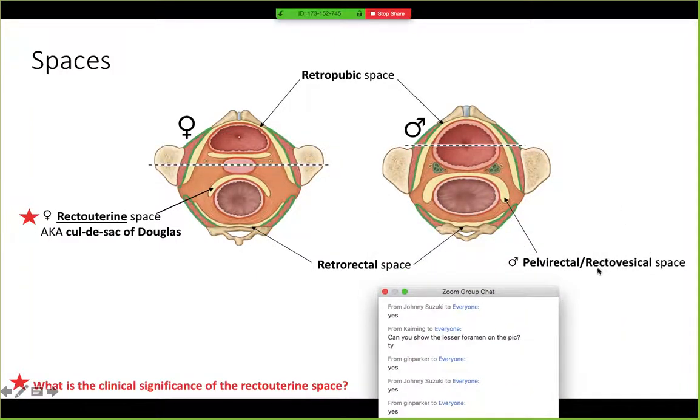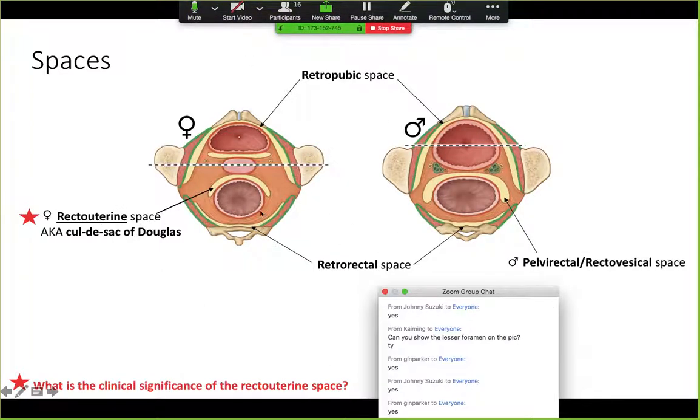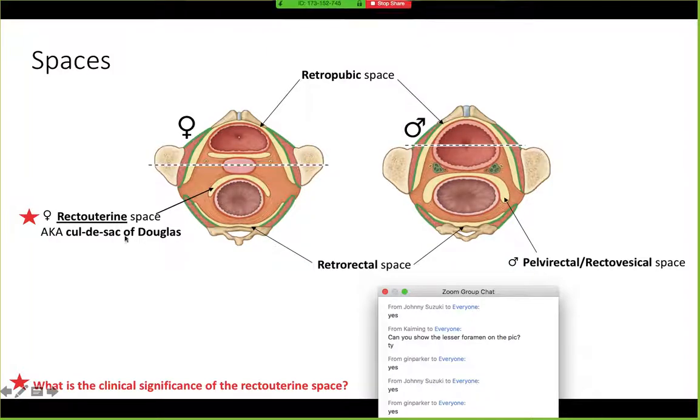So if you just think about what this word is telling you, rectovesical, so between the rectum and the bladder. And then in the female, of this entire slide, the space that they're most likely to ask about, and probably will ask about, is this rectouterine space. So between the rectum and the uterus.